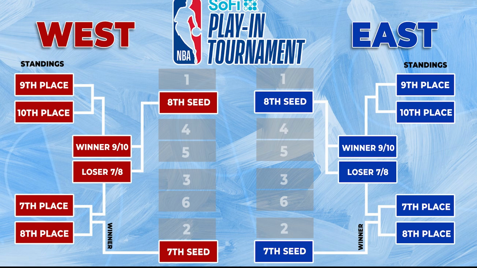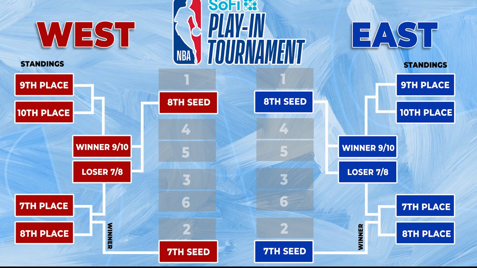So basically, if you are in the 7th or 8th position and you win, you directly qualify for the playoffs. If you lose, you still get a second chance to play a game against the winner of the 9th and 10th game. So that's the advantage. Whereas the loser of the 9th and 10th game is eliminated directly. So the loser of the 7th and 8th game will compete against the winner of the 9th and 10th game, and the winner of this game is selected as the 8th seed.